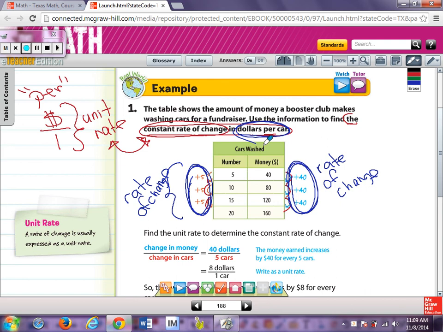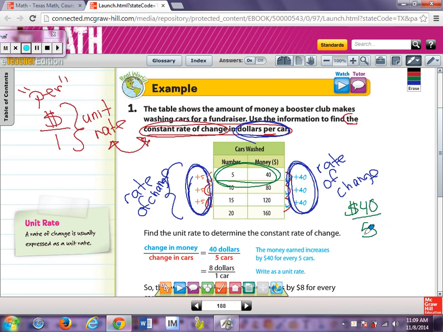Now, we've already learned how to find a unit rate. All it is, you take some data from the information we're given. So I can pick any set of points here, any number of cars and the money made. I'm going to just take the first one right here. I know that I make $40 if I wash 5 cars.